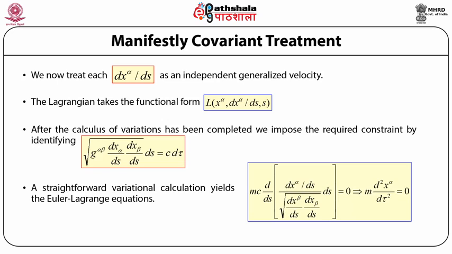A straightforward variational calculation yields the Euler-Lagrange equation, that is mc times d by ds of dx alpha by ds divided by the square root of dx beta by ds dx beta by ds equals 0. Now imposing the constraint, we have m d squared x alpha by d tau squared equals 0, as expected for free particle motion.